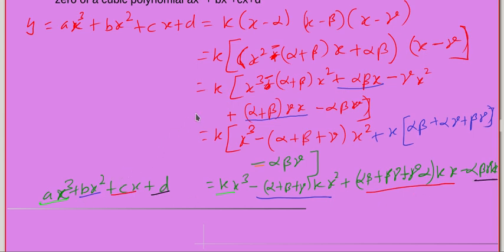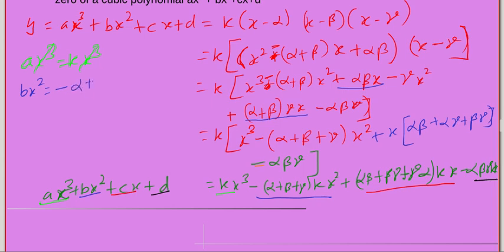Let me go one by one. First, the x cube term. The corresponding x cube term is k. Okay. So ax cube equal to kx cube. That means if we cancel x cube, a equal to k. Next, bx square equal to, here bx square. Here the x square term is what?